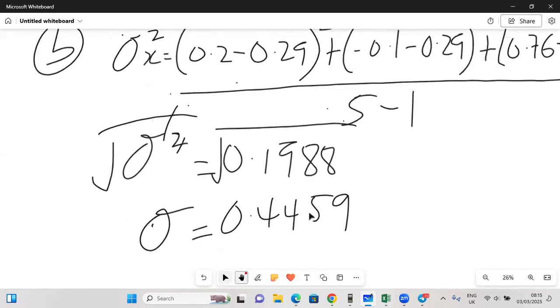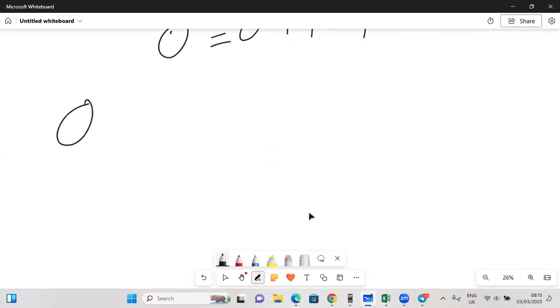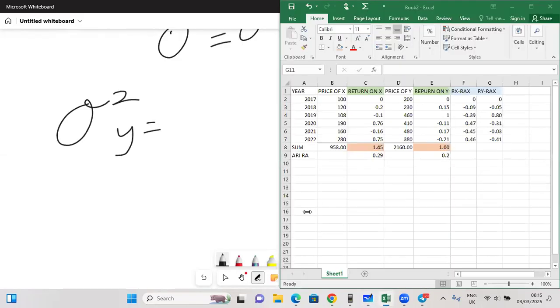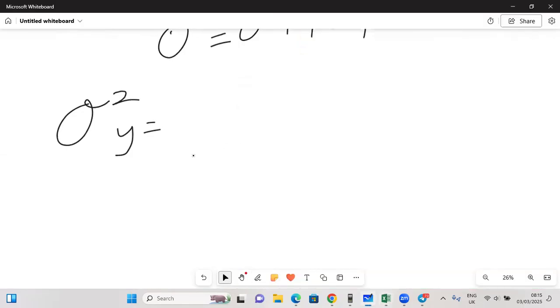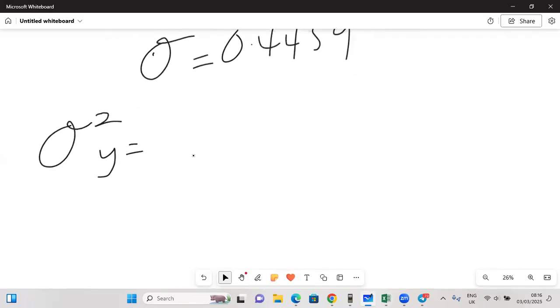Now, do it for the next one too, of Y. That will also be the same thing here. Take the return, you subtract it from the arithmetic mean, and then you square it. And remember, it is n minus 1 because we are using a sample, right? If it is a population, no n minus 1.